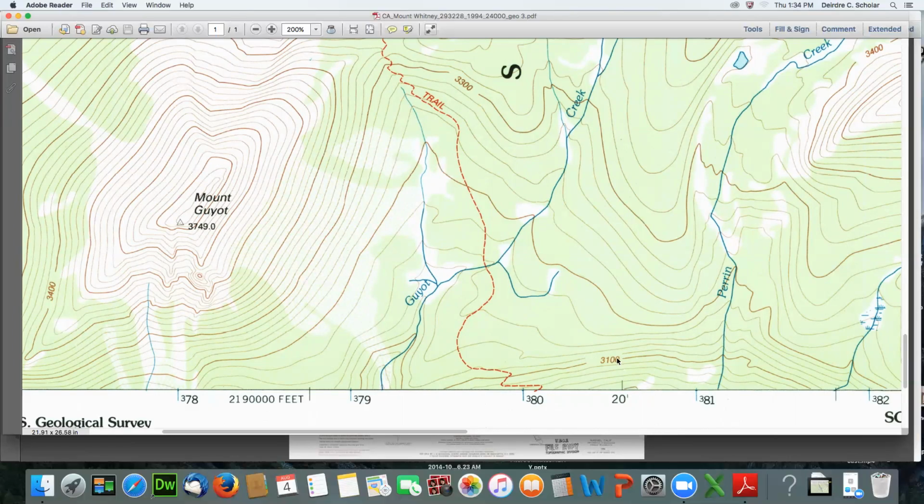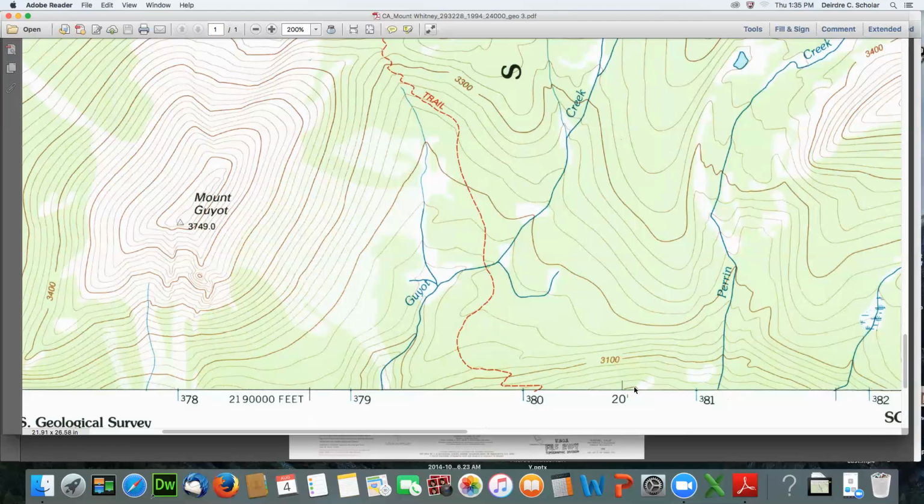We could also count by 20s backwards from the 3,100 to determine that that's 3,000. If this is 3,100 and we have a 20-meter contour interval and we're going downhill, so we're subtracting 20 meters every line, this would be 3,080, 3,060, 3,040, 3,020, 3,000.